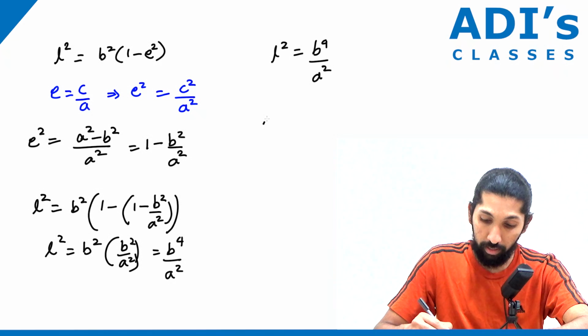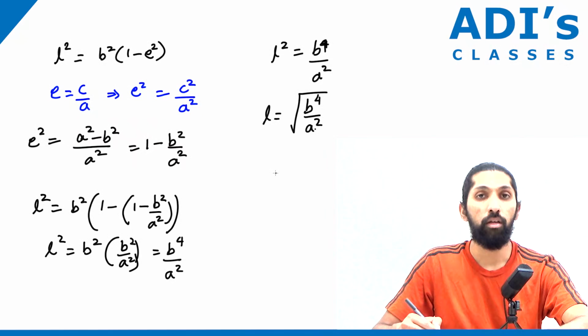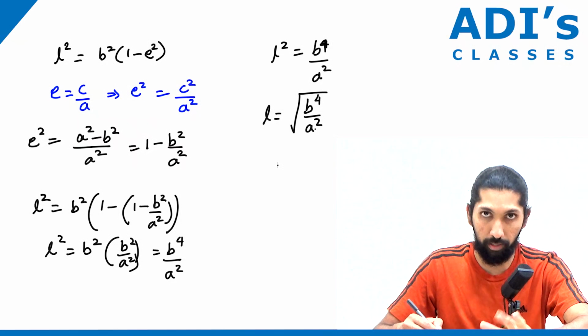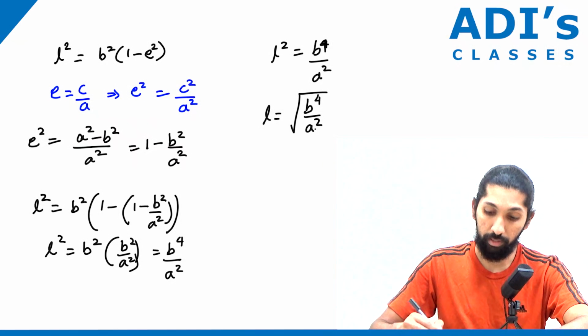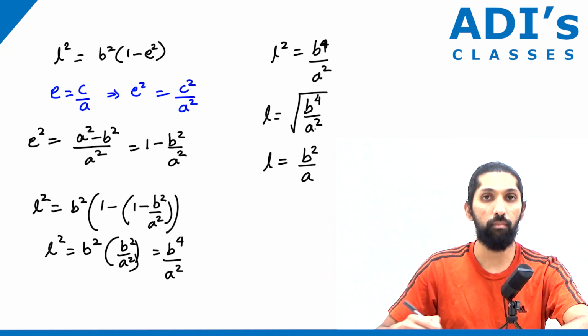So L value is going to become root of b power 4 by a square. This is power 4, by the way. Now, distance cannot be negative, so we can't take plus or minus, it's just plus. So what do we end up with? L is equal to b square divided by a, correct?